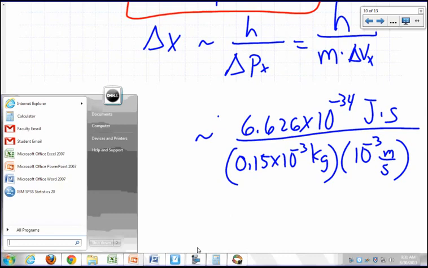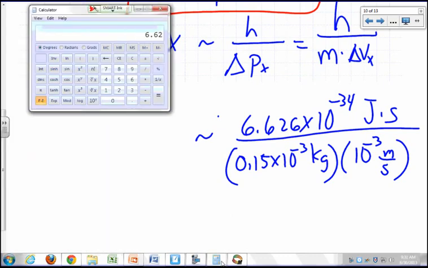What do we get? 6.626 times 10 to the negative 34, divided by 0.15 times 10 to the negative third, divided by 1 times 10 to the negative third. That's 4.4 times 10 to the negative 27.